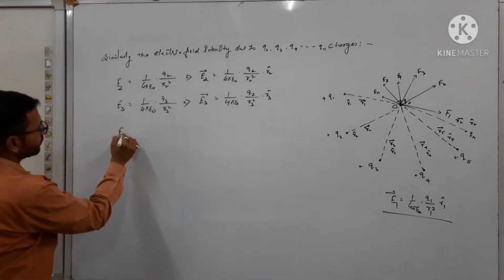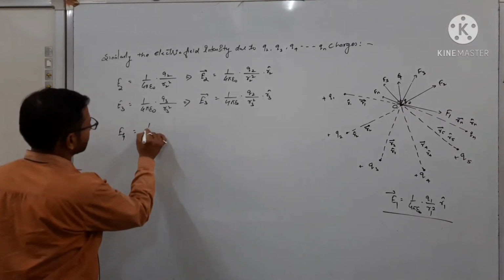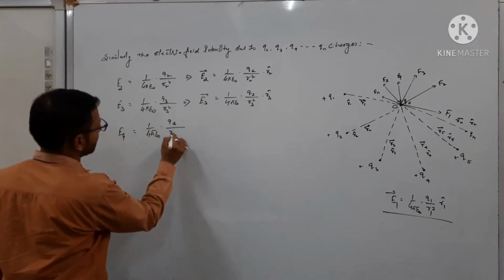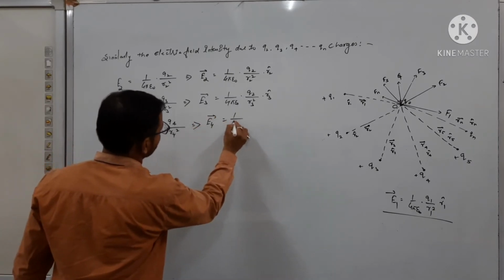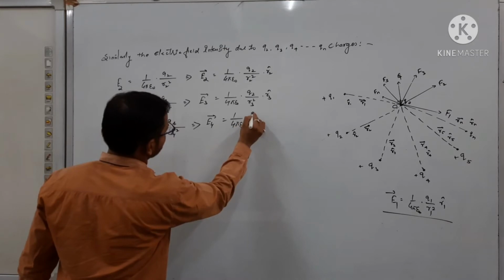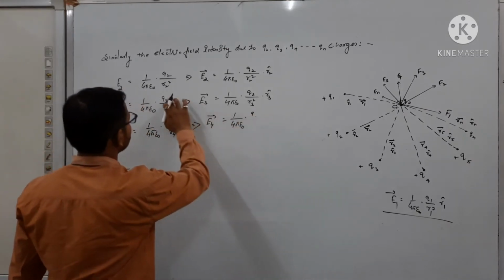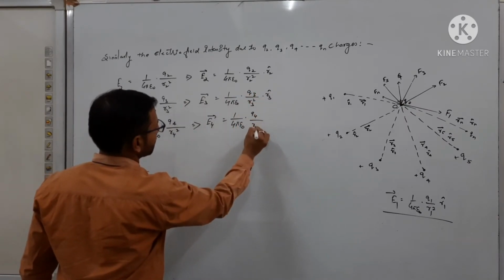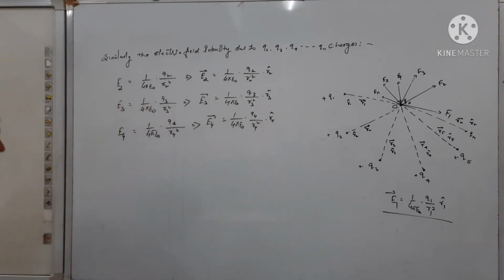Got it? Similarly, E4 is equal to 1 over 4 pi epsilon naught Q4 over R4 square, means their vector form will be 1 over 4 pi epsilon naught Q4 over R4 square into R4 cap. Got it? So this is the work which we will do.